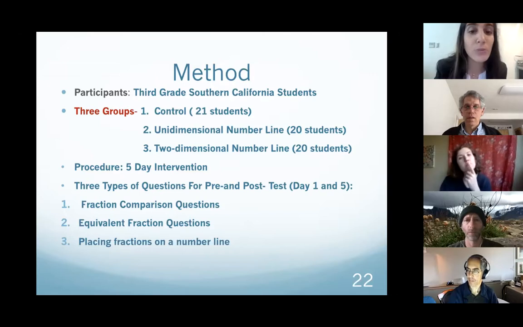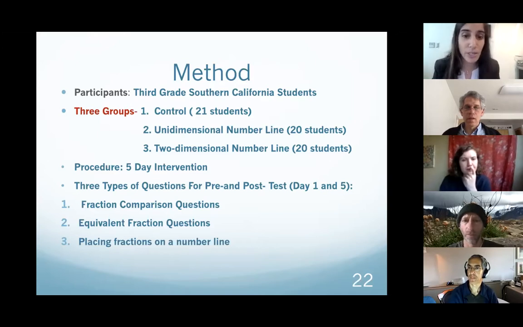I had 3 groups for this one: the control, the unidimensional number line, and the two-dimensional number line. There was a 5-day intervention, with a pre-test, a post-test, and 3 days in between. There were 3 types of questions for the pre-test and post-test: fraction comparison questions, equivalent fraction questions, and placing fractions on a number line.